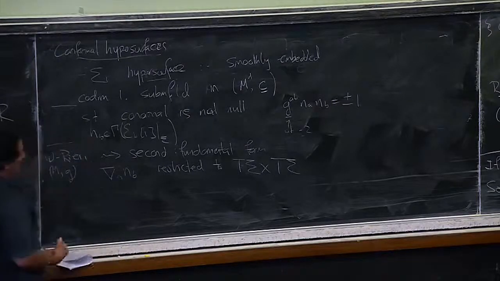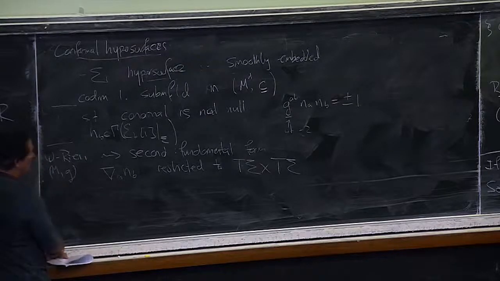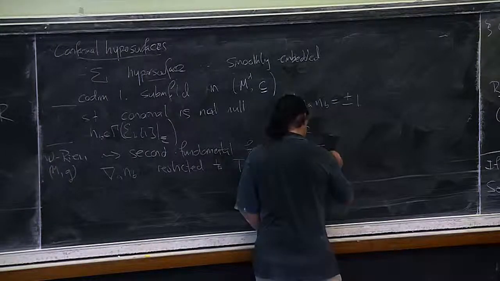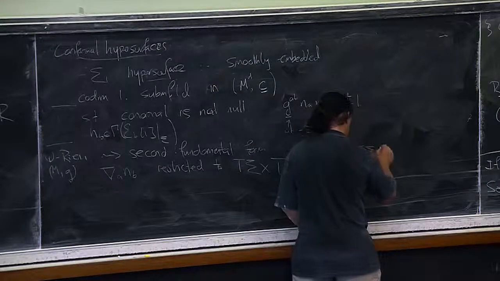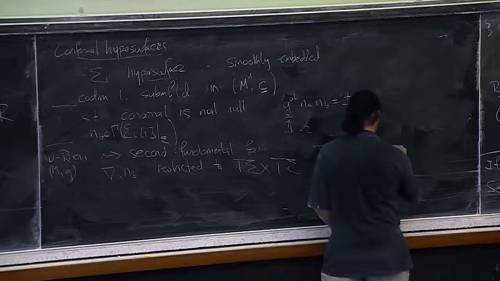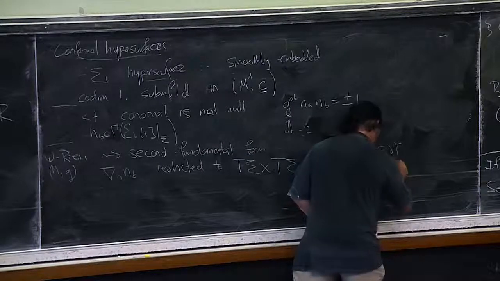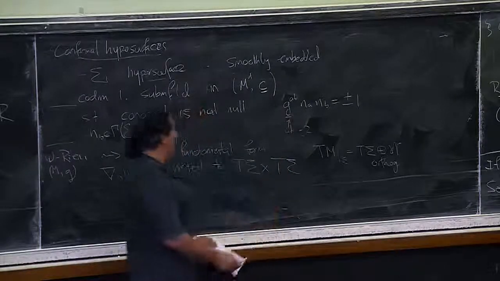Okay, so if you want to give a formula for that in the pseudo-Riemannian setting, or indeed here, we can do the same thing using the conformal metric. You can orthogonally decompose the tangent space to the manifold along sigma into the tangent space to sigma plus a normal bundle. This is an orthogonal decomposition, and we use the conformal metric to make the projections.